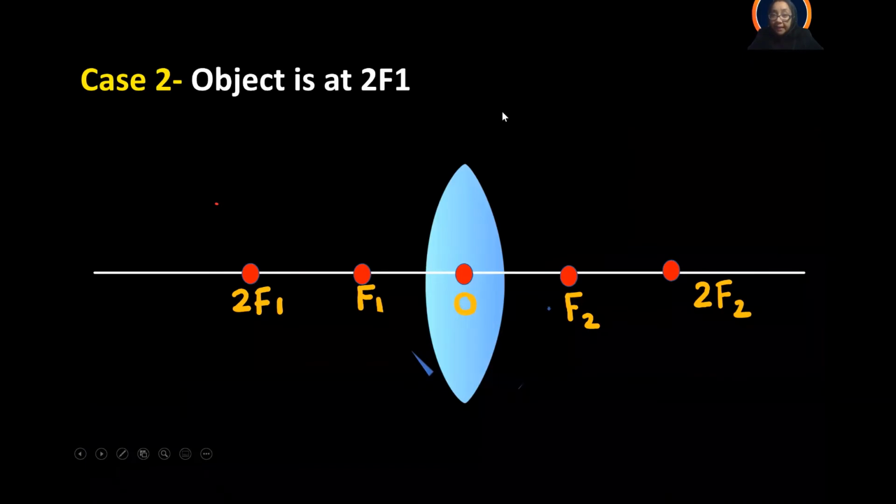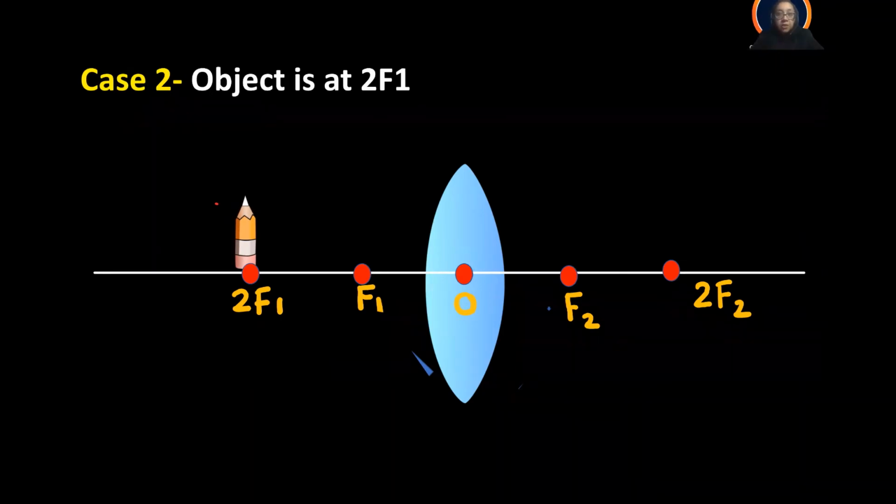Now let's take the second case. Let's place the object at 2F1. Let's drag the object to the 2F1 position, and we'll consider the head of the object while considering the incident ray. And remember, we have to choose any two rules. We have considered the first rule as the first choice.